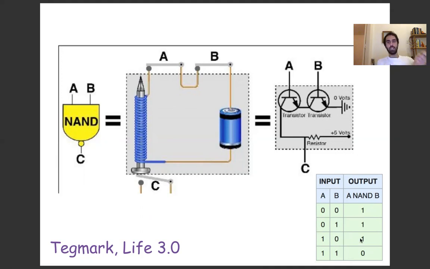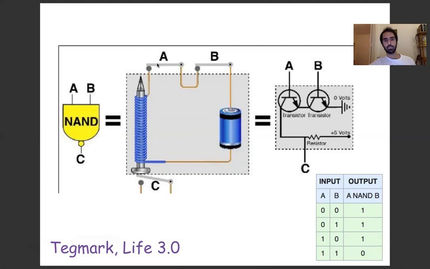Okay. And this is interesting because I took from this Tegmark book, Life 3.0, that we mentioned in the last class. This is how you could do a NAND gate using physical stuff. Okay. So here's an electromagnet that you can plug to a battery. Okay.